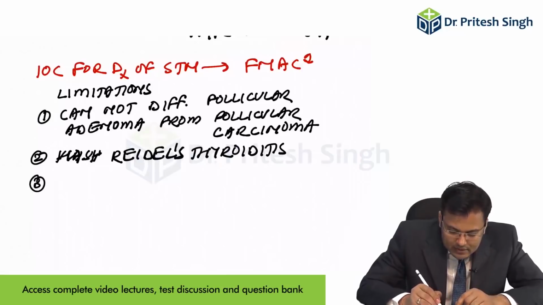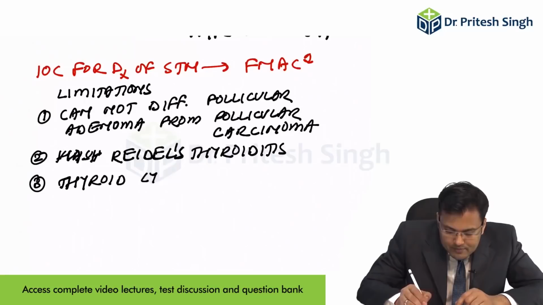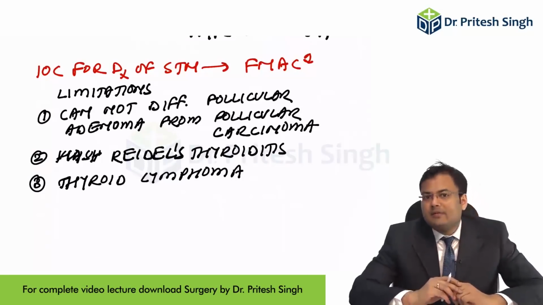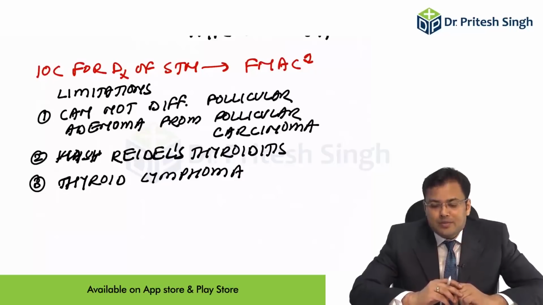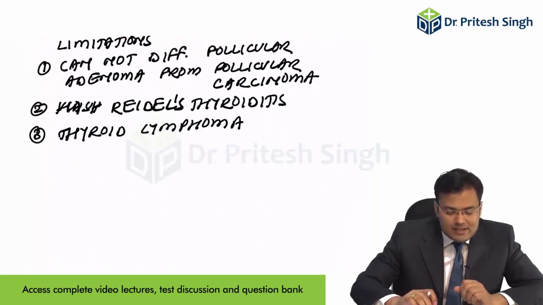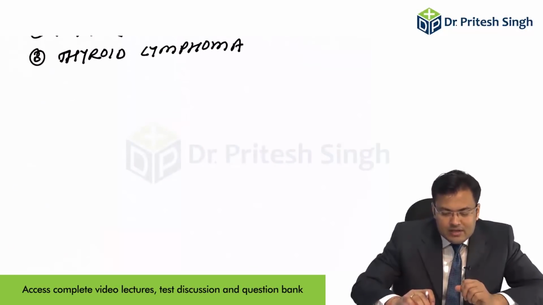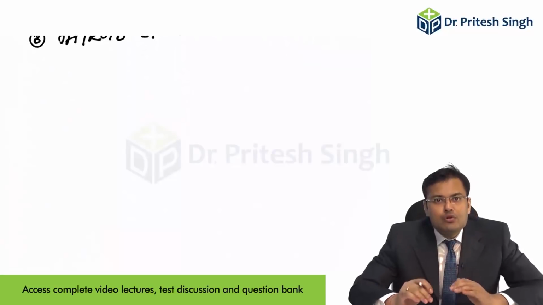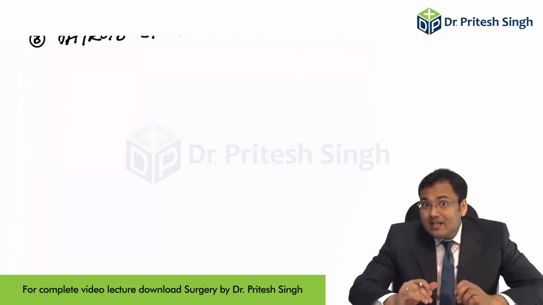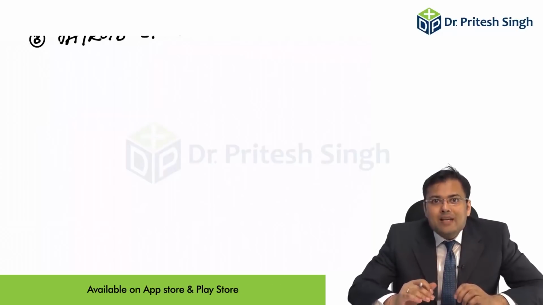And third is thyroid lymphoma. The diagnosis of thyroid lymphoma is made by biopsy. So these are the limitations of FNAC. So these are the investigations which are performed in solitary thyroid nodule. So you know the treatment options, you know the investigations. So let us discuss what's the management of solitary thyroid nodule.